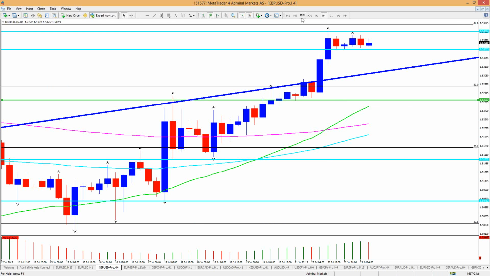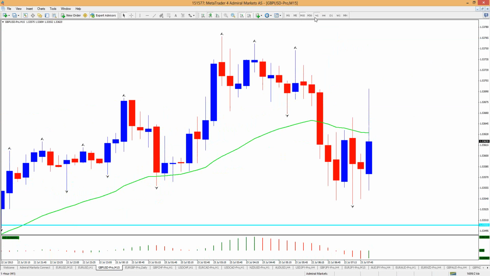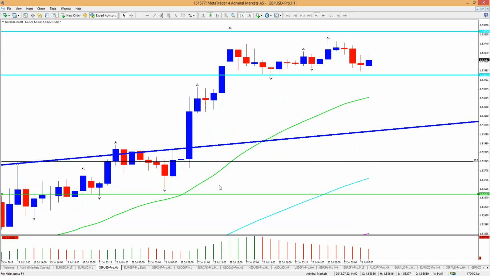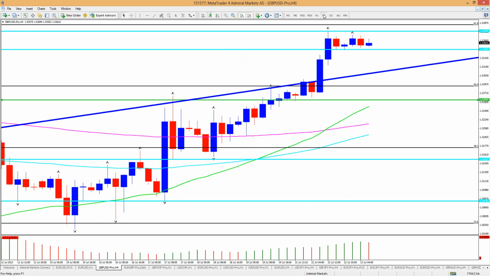All right. That yesterday's low is 152.60-ish. So that might be a level that isn't broken easily.